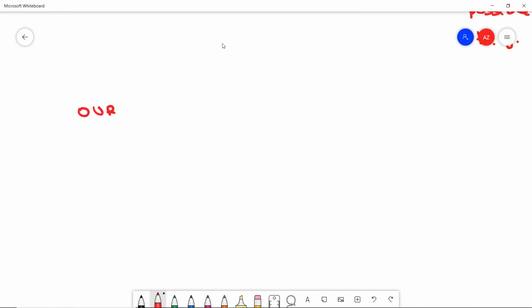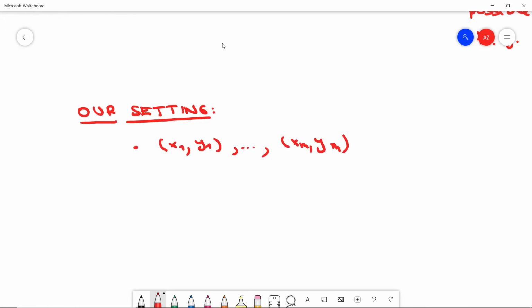Our setting: still we have data points x1, y1, up to xm, ym. Those are data points in R^n times R. So x's are n-tuples and y's are real numbers.